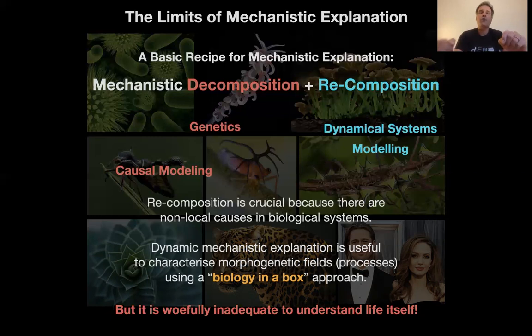So let's go briefly, once again, over the collection of reasons for this that we've gathered over the course of the entire lecture series, and draw it together to think about how could we move beyond this biology in a box approach. We don't have the means yet to do this.